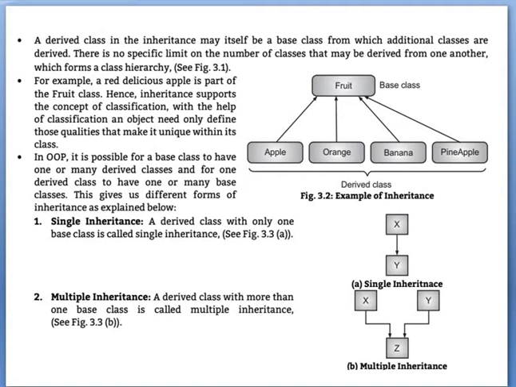A derived class in inheritance may itself be a base class from which additional classes are derived. Take the example of grandparents. Some features of the grandparents are inherited into our parents, and some features of the grandparents as well as the parents are inherited into us.